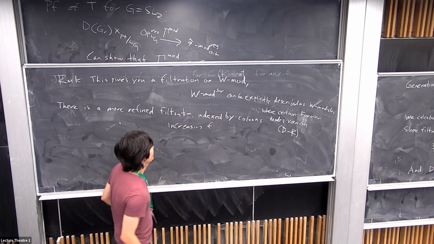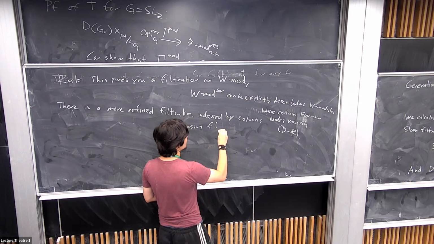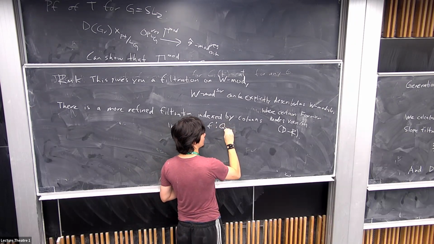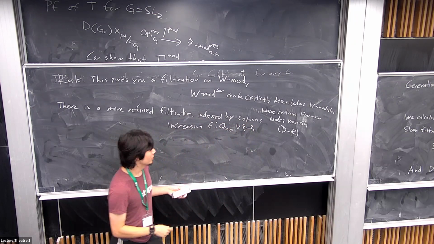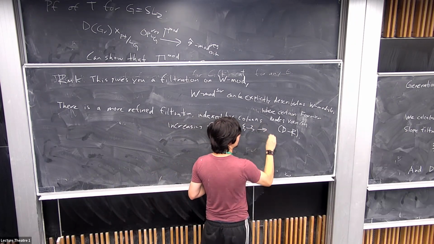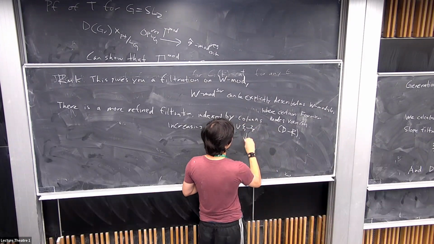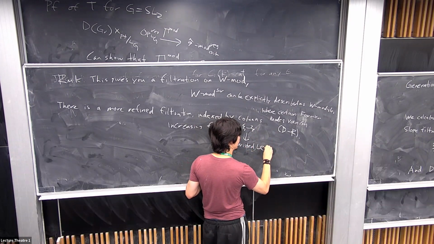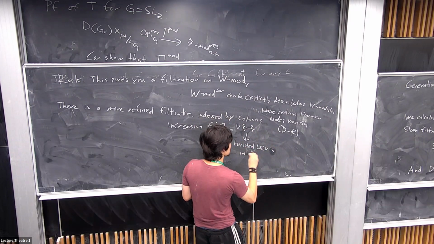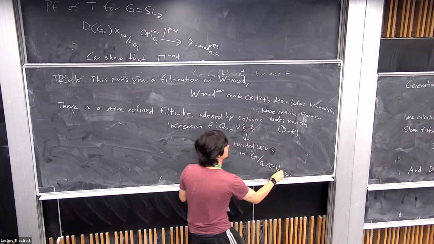And this comes from number theory again, because why not? Increasing functions from Q greater than or equal to 0 union a minus sign, which just represents any negative number, mapping to twisted Levis in G viewed as an algebraic group over Laurent series.